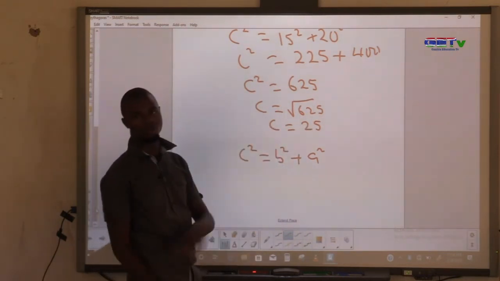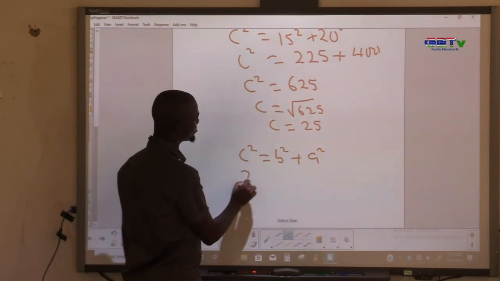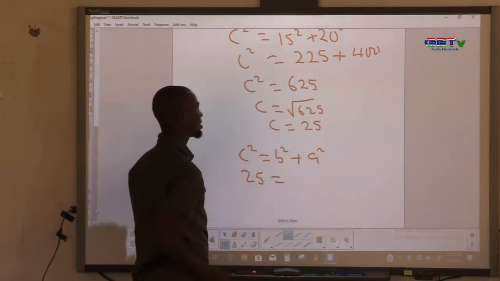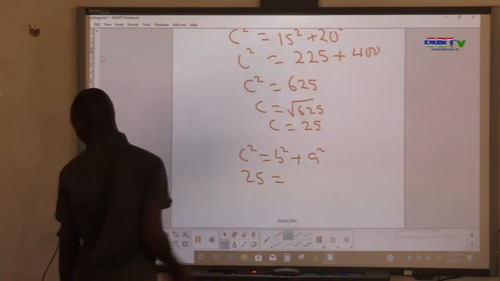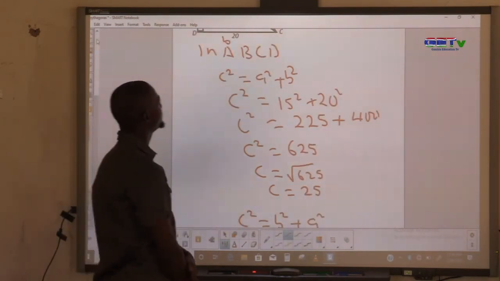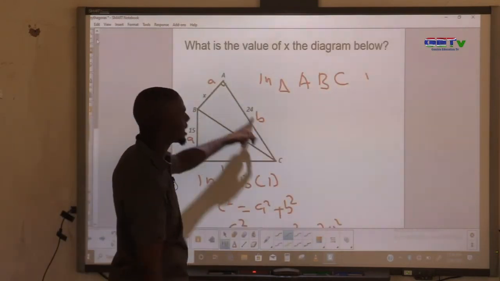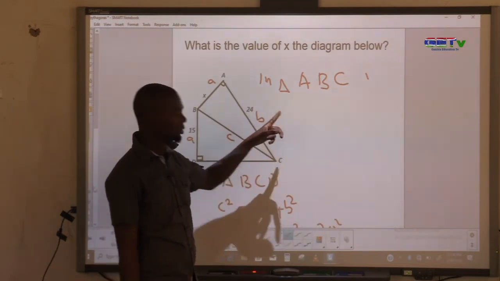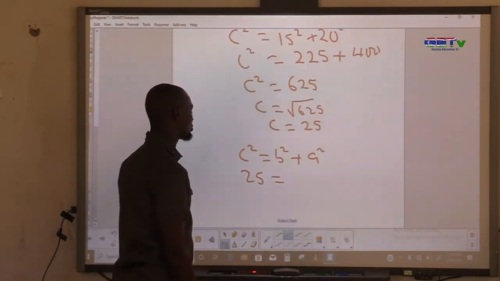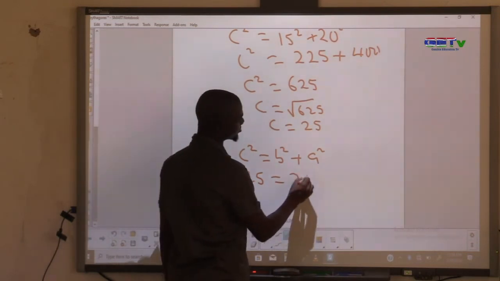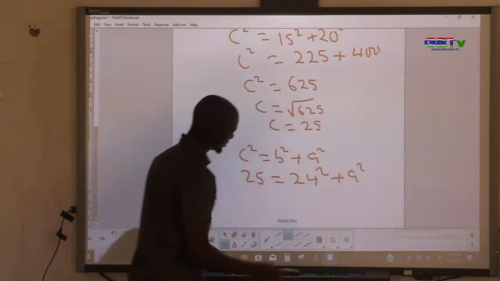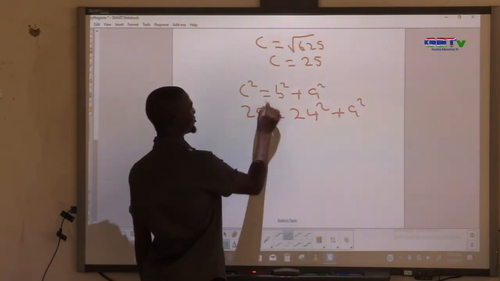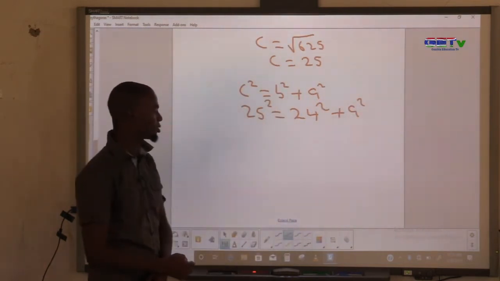We know C is 25. What is B? We look at the diagram. Our B is 24. So B square is going to give you 24 square, plus A square. So this should be 25 square because it's C square.